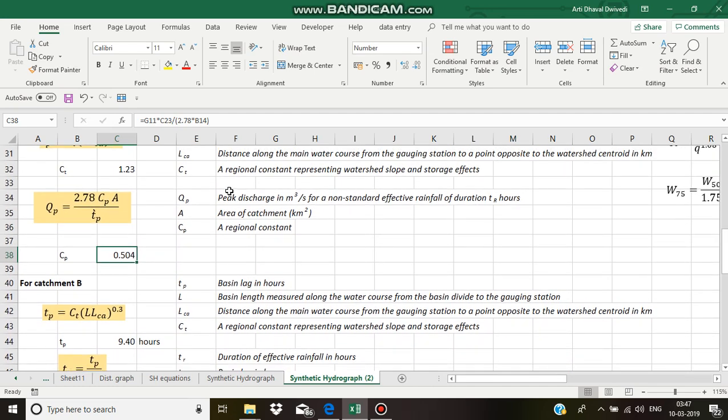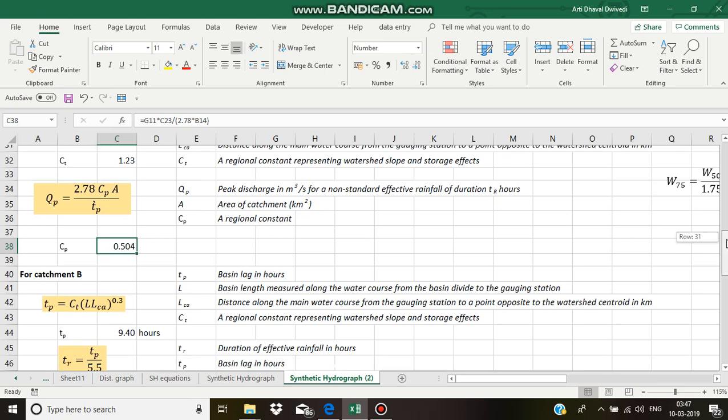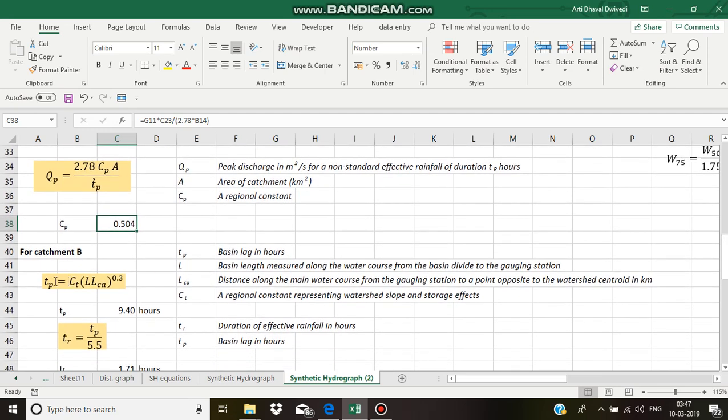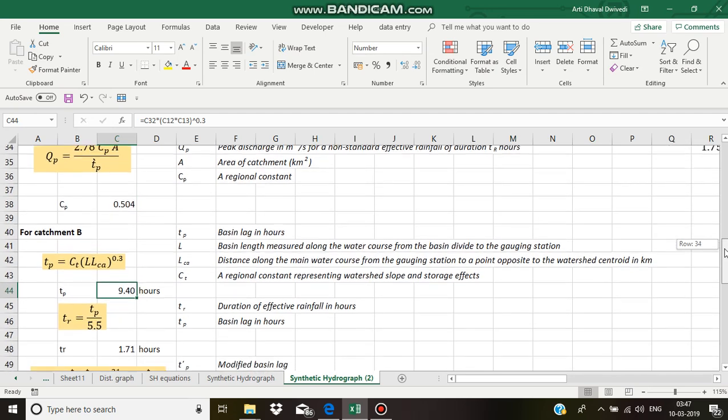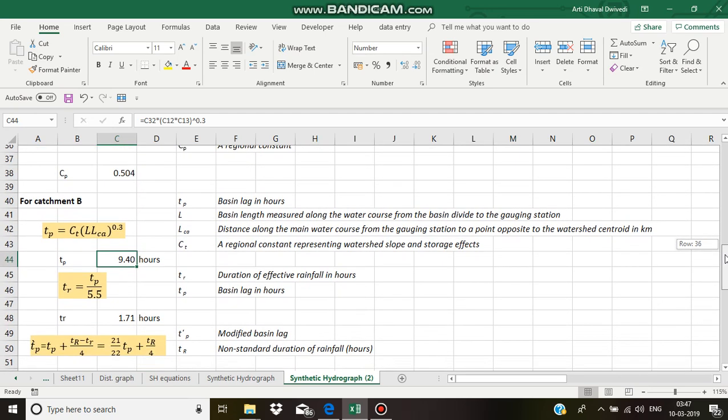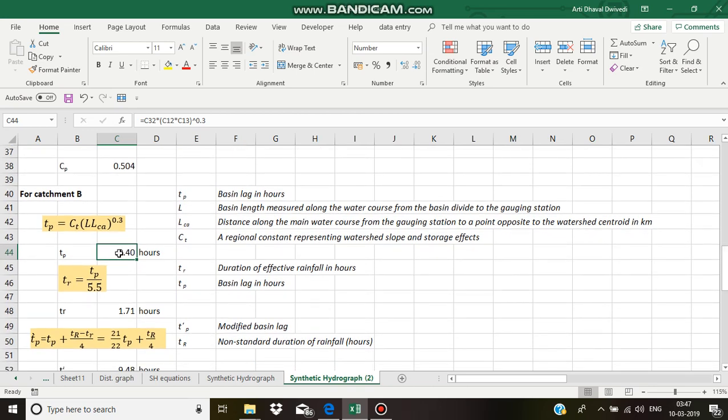Now the values of CT and CP have been obtained. Now, using the value of CT, we can calculate basin lag using this equation. tp is equal to Ct into (L Lc) raised to 0.3. It is 9.40 hours. Basin lag in hours is 9.4.